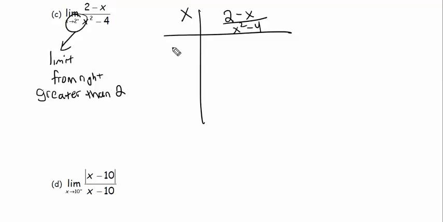So here are some numbers that are greater than 2 but close to 2: 2.1, 2.01, 2.001.